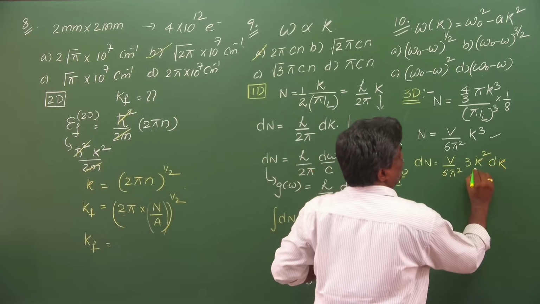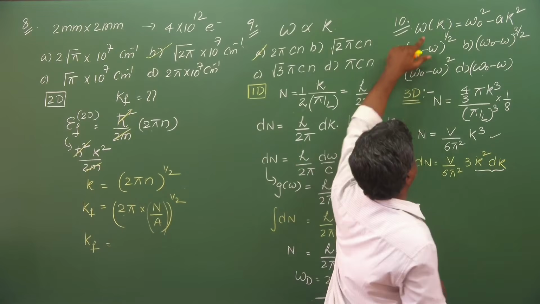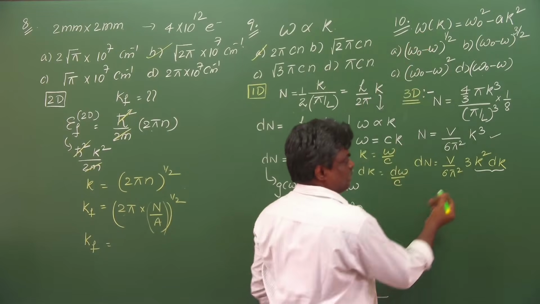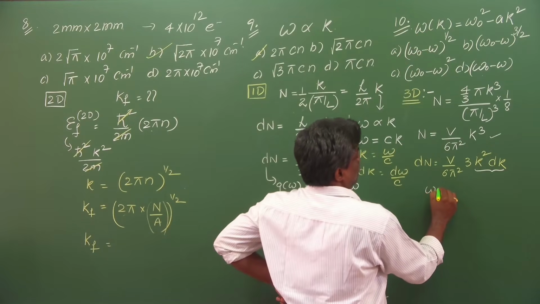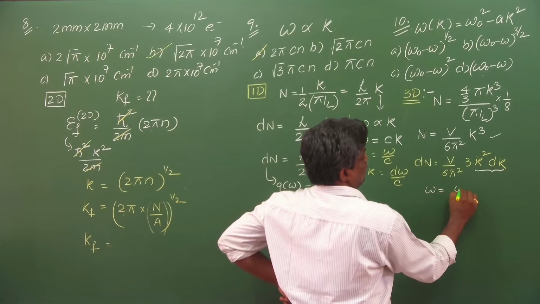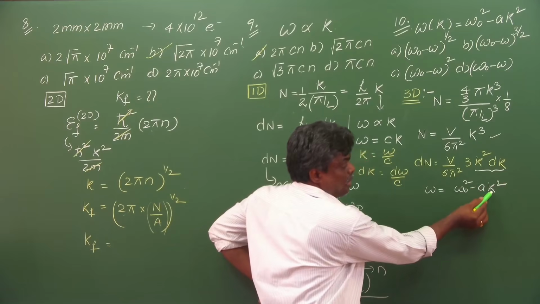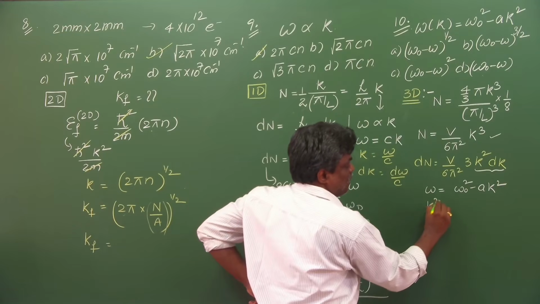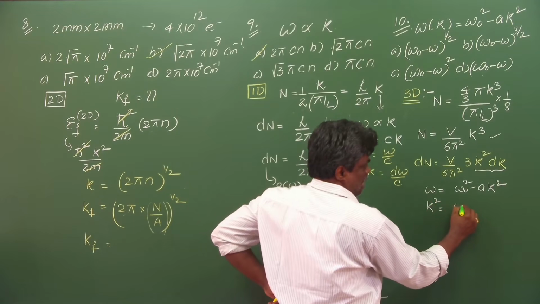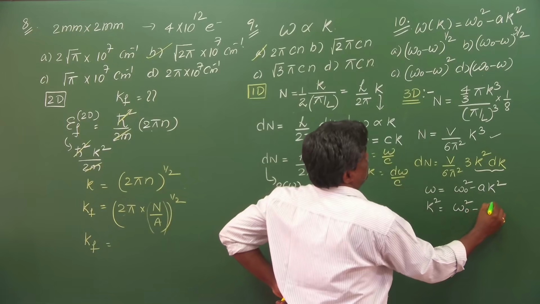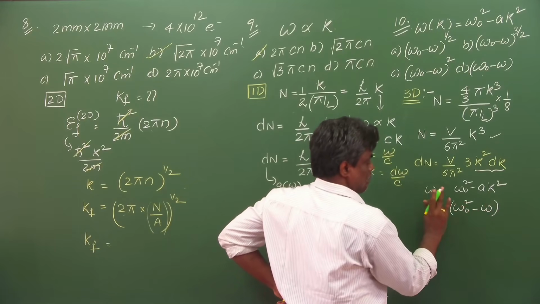So you have to substitute this in terms of omega. Are you ready? Now omega equal to omega naught square minus ak square. What do you want? K. So k square equal to omega naught square minus omega by a.